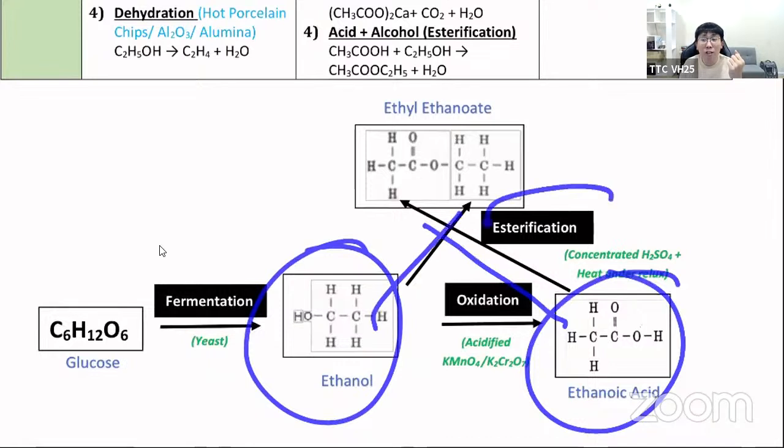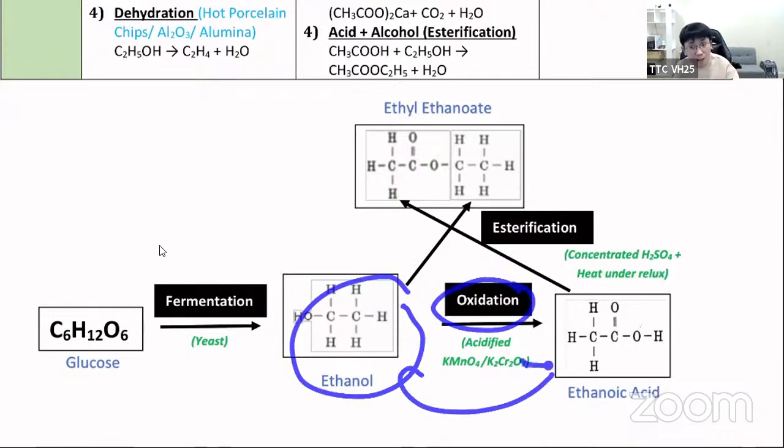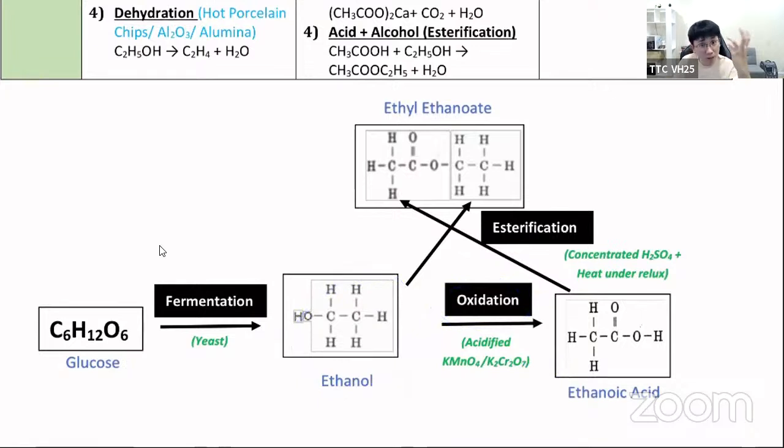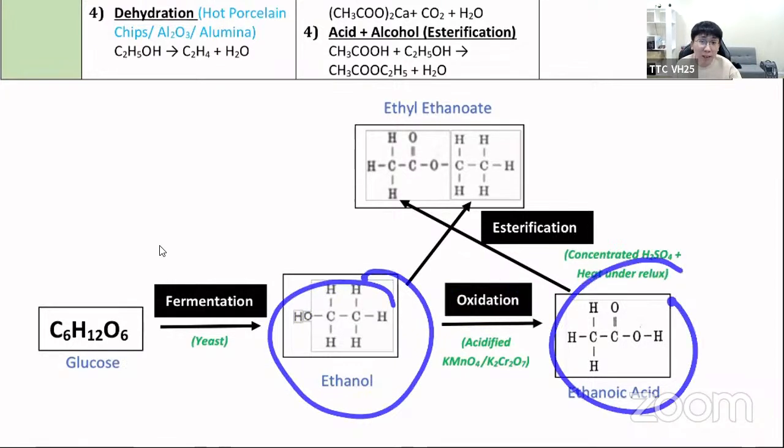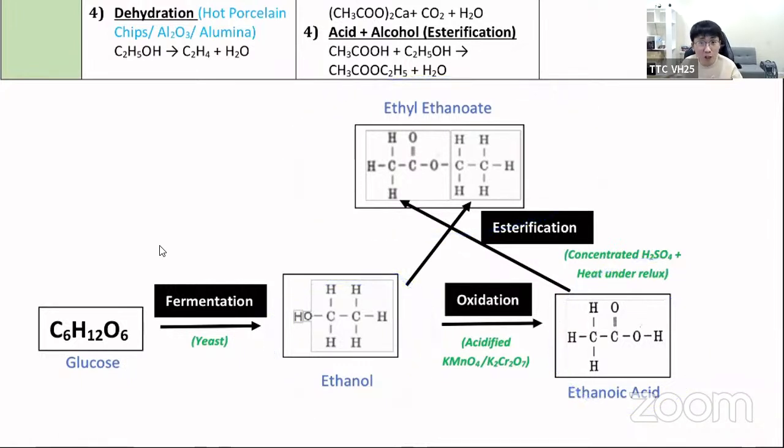You can do esterification. So you see, the relationship is I can oxidize my alcohol to become carboxylic acid. Then I can take the carboxylic acid, add to my alcohol, and together you form ester. So that's why this chapter is hard, because you need to know all the clear relationships between all these chemicals here. You can go from one chemical to the other chemical. Then you can take these two chemicals and add them together.